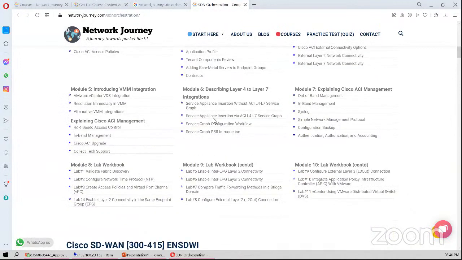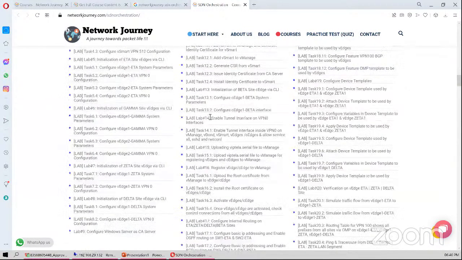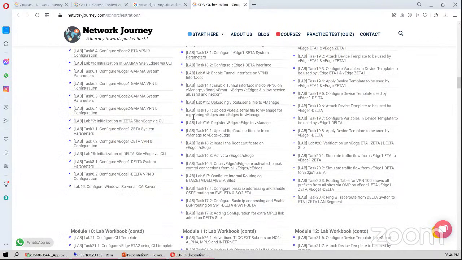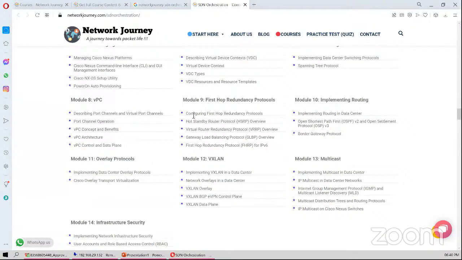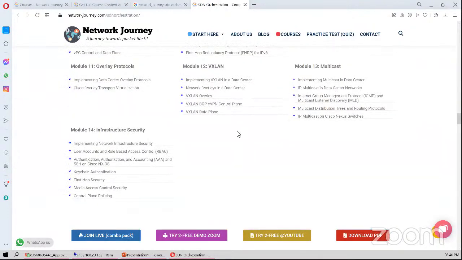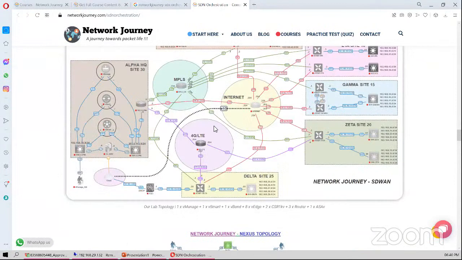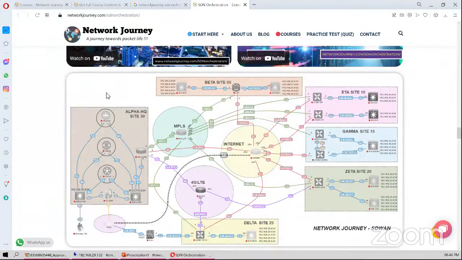Yeah, that's a good question, because most enterprises are moving from MPLS to SD-WAN, or taking a subscription of SD-WAN in order to cut cost, right? This is the SD-WAN topology that we have constructed. At the end of the batch of SD-WAN, you will be in a position to give a suggestion to management on why SD-WAN can benefit your enterprise.